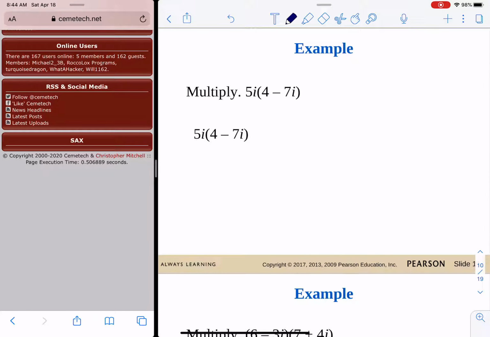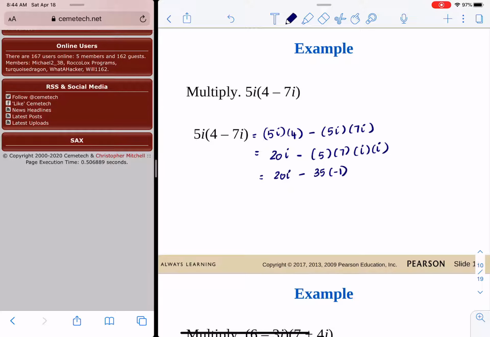Here is an example where we have 5i on the outside and a full complex number on the inside of the parentheses. So we are going to first distribute, so 5i times 4 minus 5i times 7i. 5 times 4 is 20, so we have 20i minus 5 times 7 times i times i. i times i is -1 because i squared is -1.